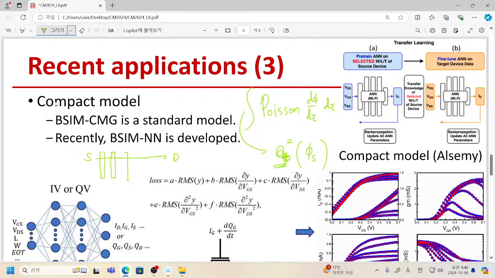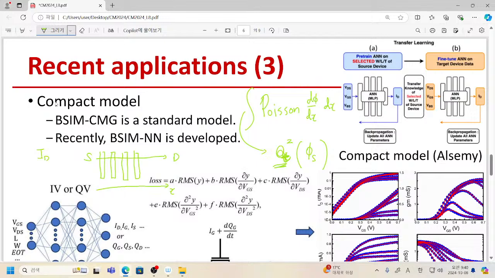Of course, each of them is treated as an MOS structure, and by integrating this inversion charge along this channel direction, x direction, you will get a certain quantity related with drain current.